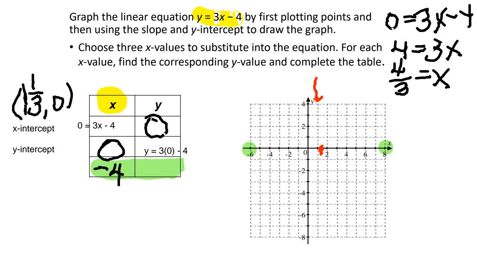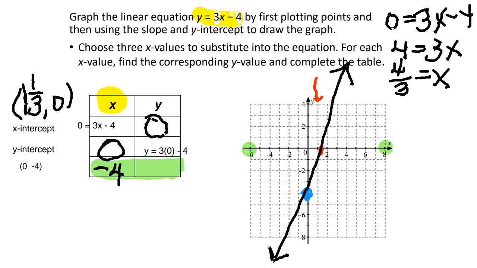Well, notice, where's my (0, -4)? Well, that's going to be right here. I have a red line. I have a blue line. Now, remember, when I use my graphing tool, once I put my second point on, it's going to go through.